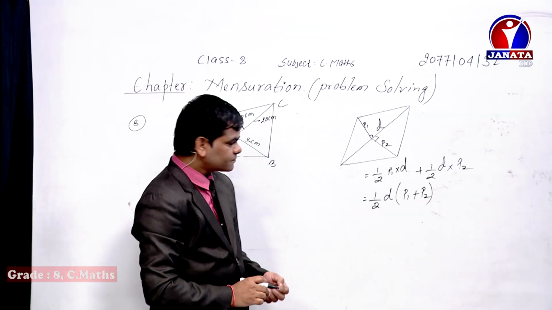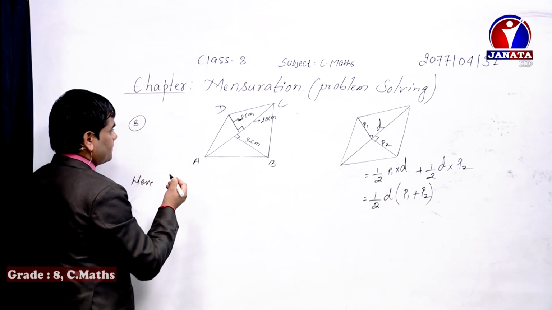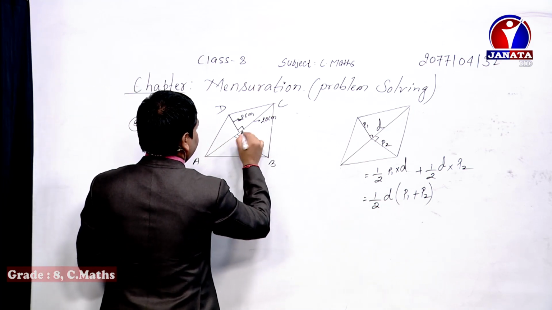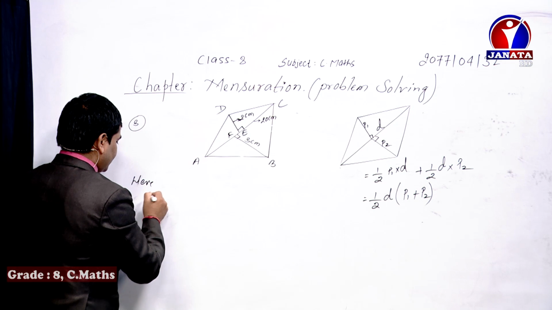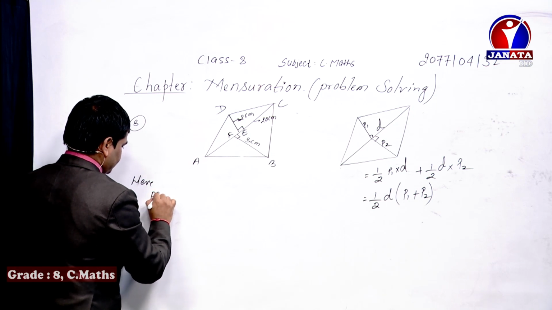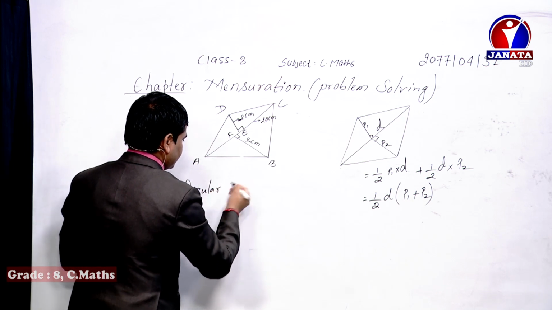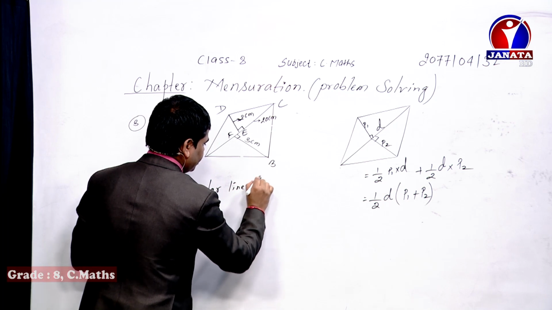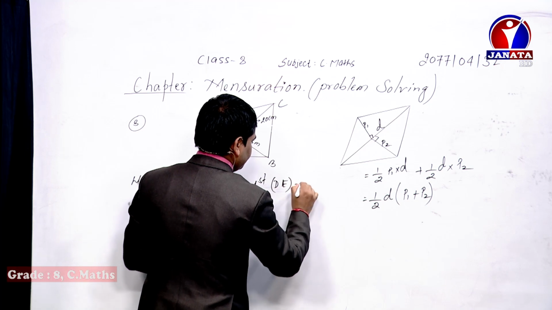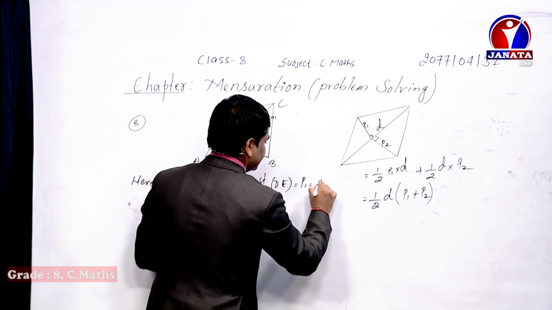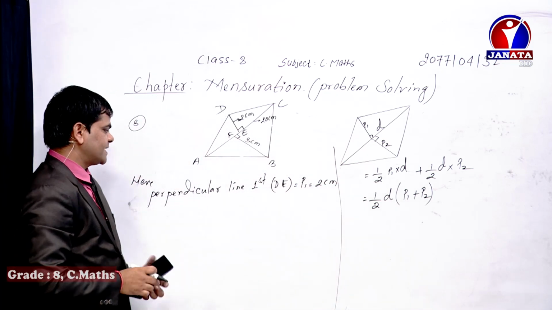So if we use this formula here, let's keep this one as E, and this one as F. DE, perpendicular line first, DE equals P1 equals 2 centimeter. In this way we need to write the procedure. This is the way of writing procedure.